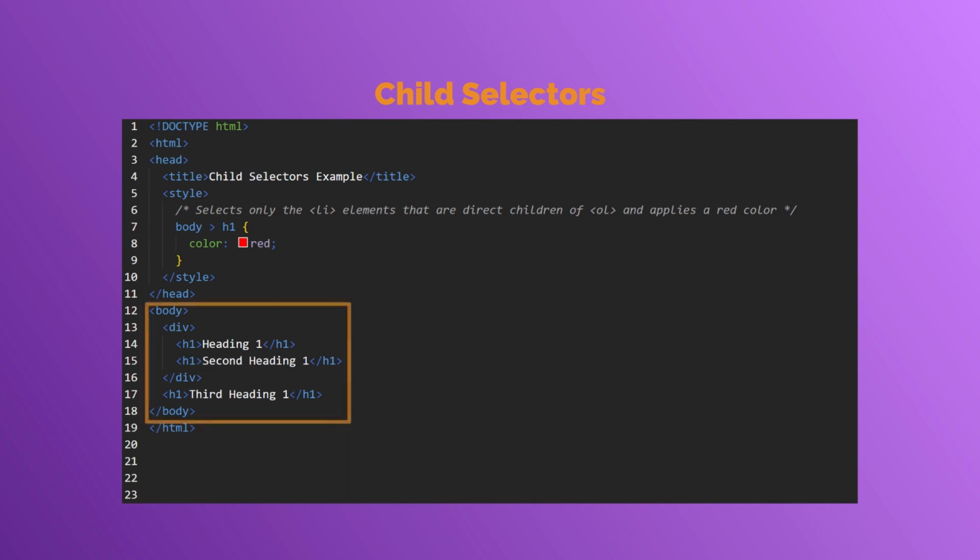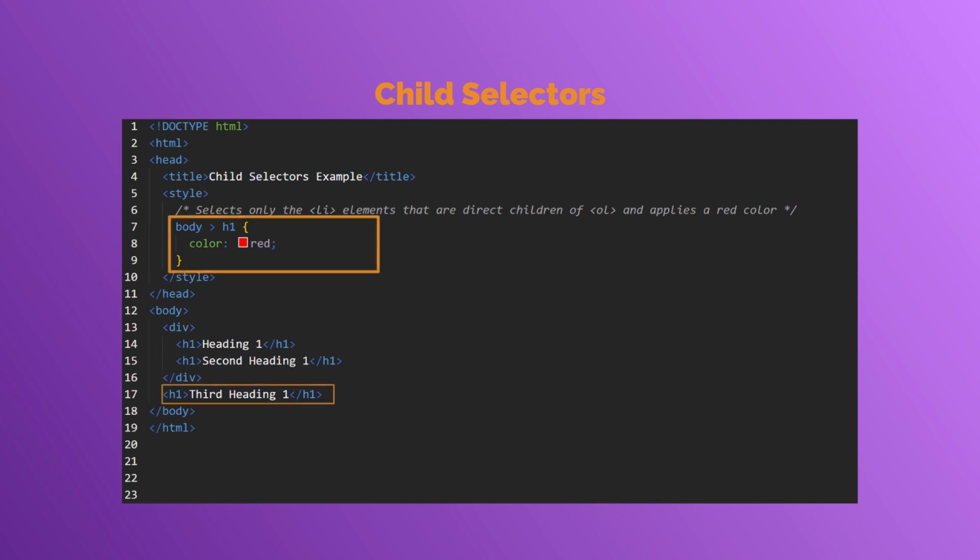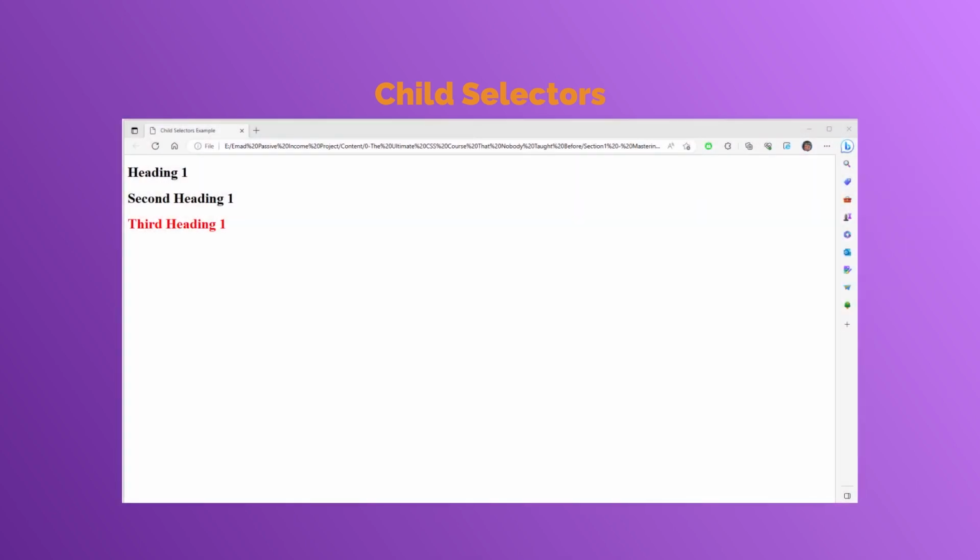The CSS code selects only the H1 tag heading that is a direct child of the body tag element and applies a red color to it. Therefore, the last H1 tag heading will be displayed in red, while the nested H1 tags headings remain unaffected. The resulting HTML page output is like this.